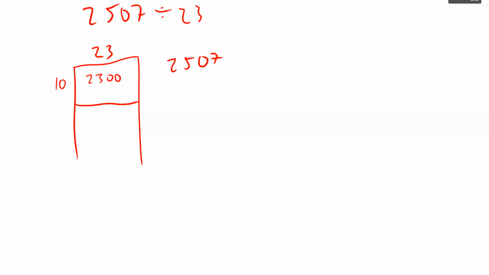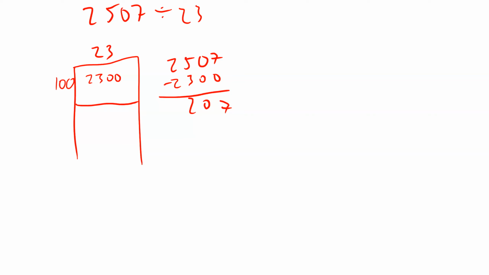So there's a chunk of it there. That's 2,300, so I can subtract that from what I have. That's going to give me 207 remaining, and I need to know how many 23s fit in 207. I know it's less than, oh, I'm sorry, that's not a 10, that's 100. So I know it's less than 10 because that would be 230. So it's got to be less than 10.